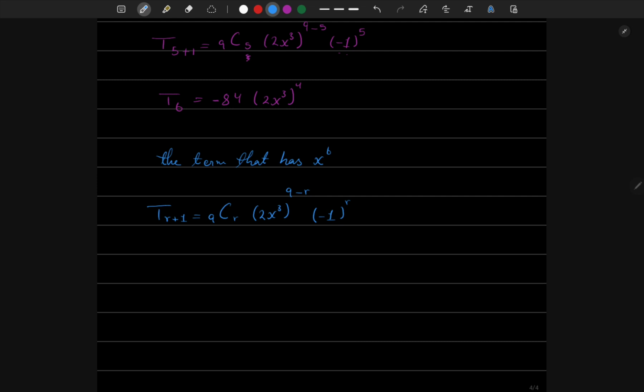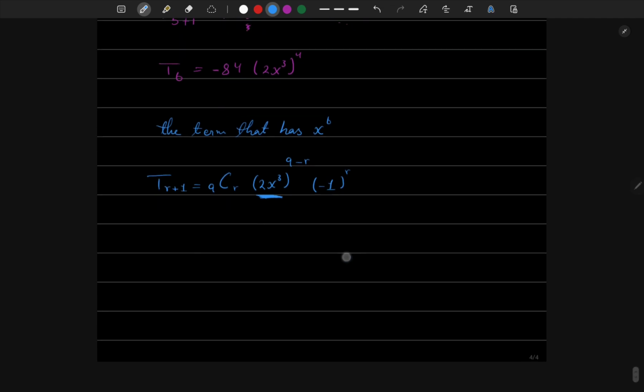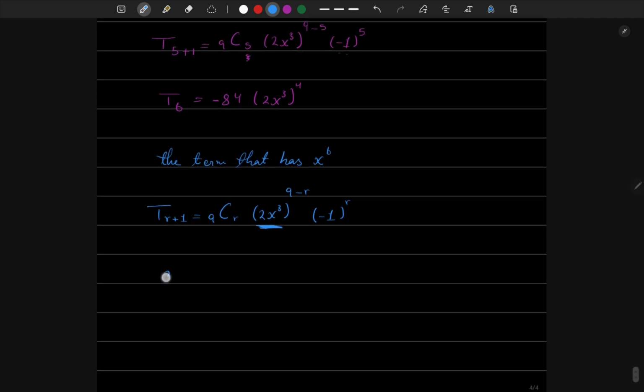Now to find the term that has x to the power of 6, I'm going to look at x here because I need x to the power of 6. So let's take this one by itself and work with it. I have 2x cubed all raised to the power of 9 minus r.